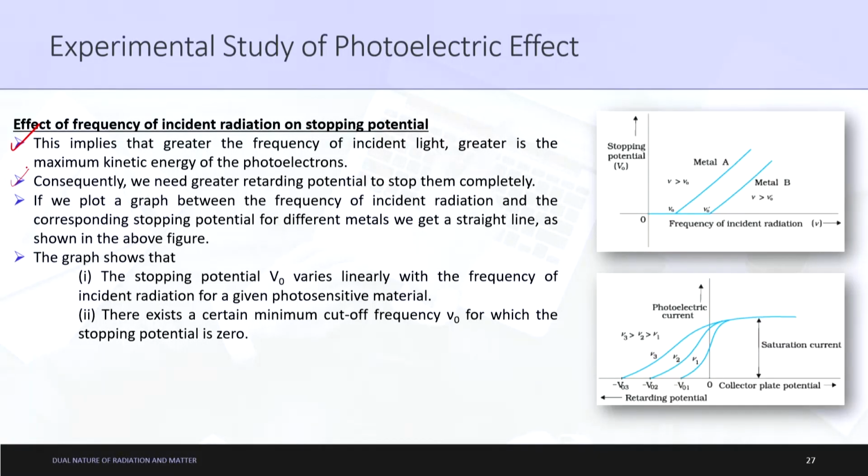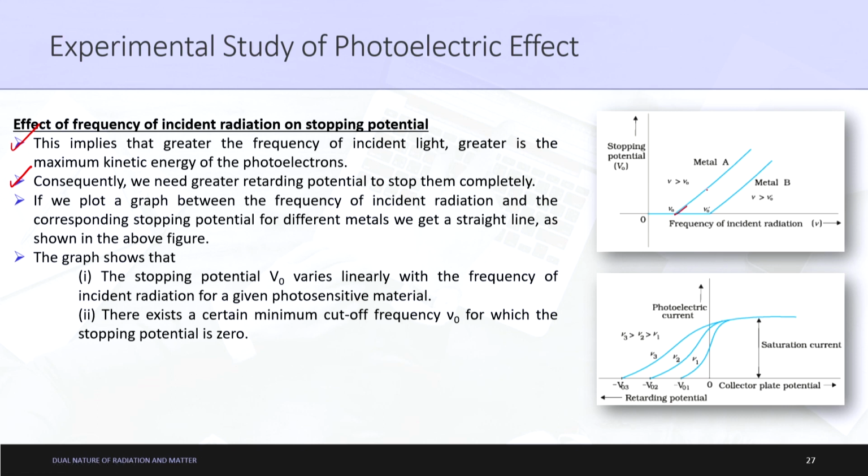Consequently we need greater retarding potential to stop them completely. If we plot a graph between the frequency of incident radiation and the corresponding stopping potential for different metals, we get a straight line.